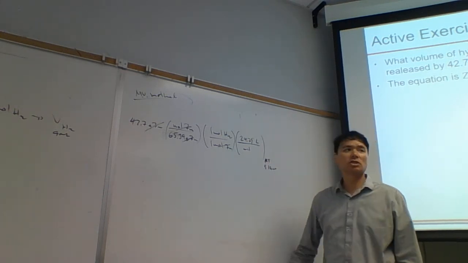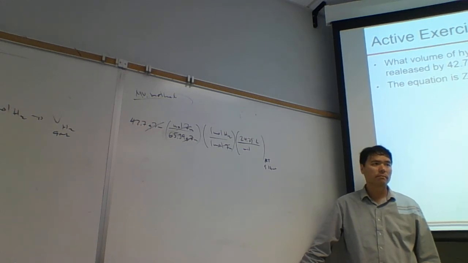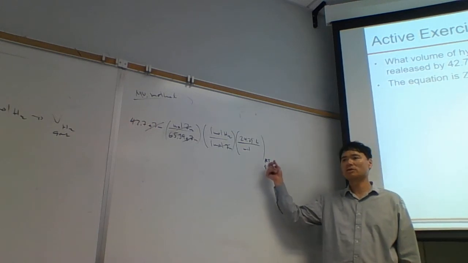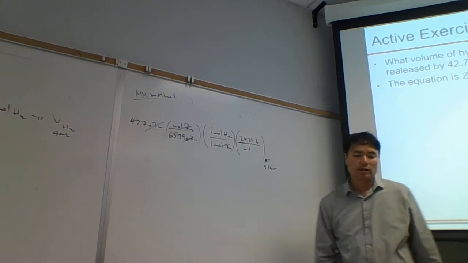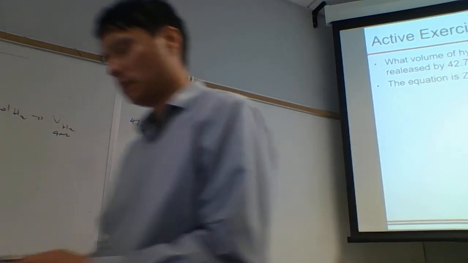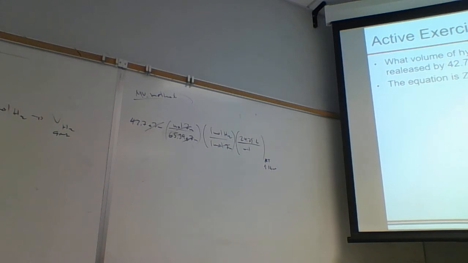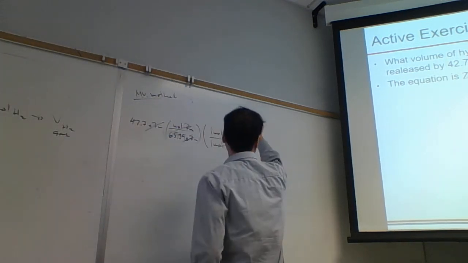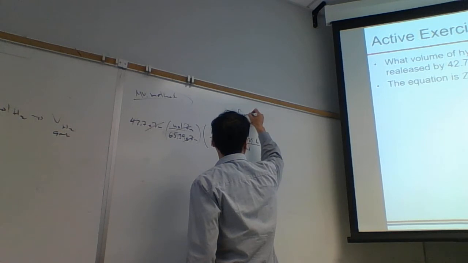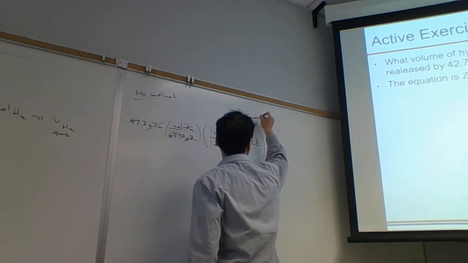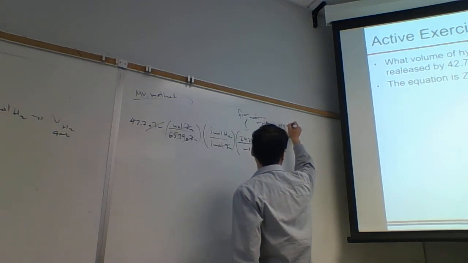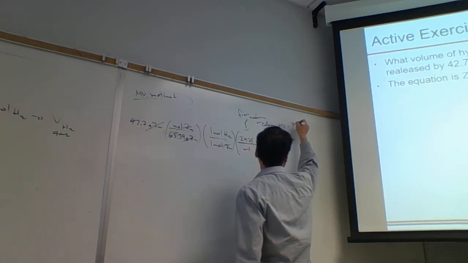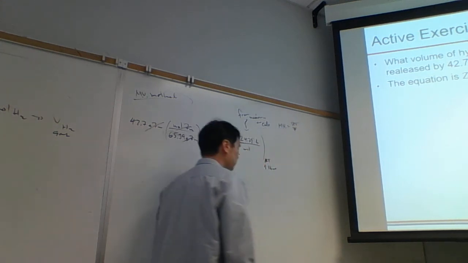If I change it, it's going to change the number. But why bother memorizing this one? Because most of our reactions are at RT and 1 bar. And so this saves you a little bit. So that's from memory, or calculation. If you ever forget it, the molar volume is equal to RT over P, and we can calculate it.